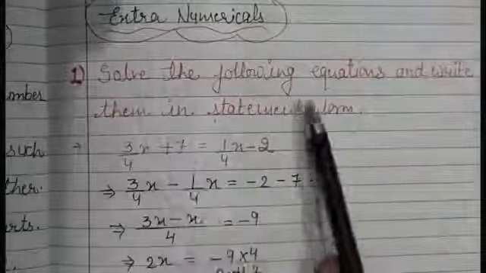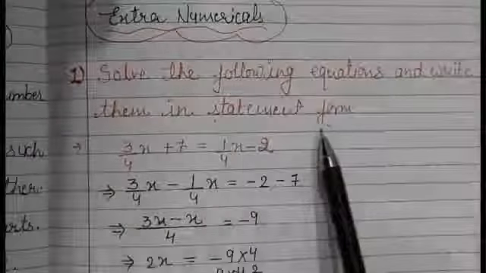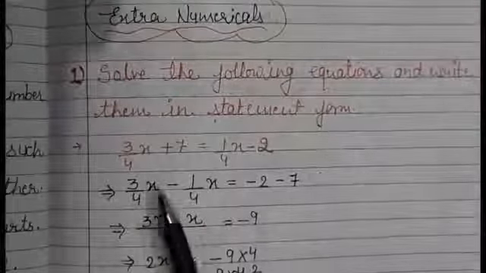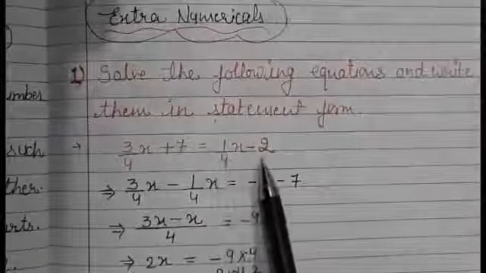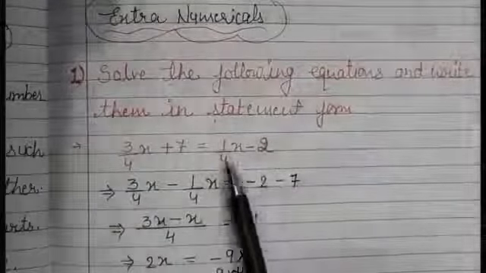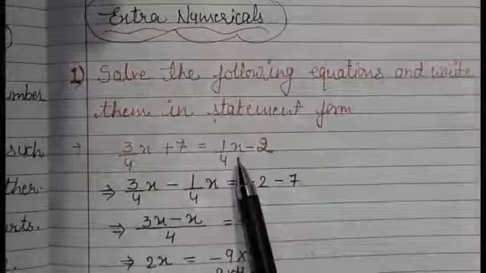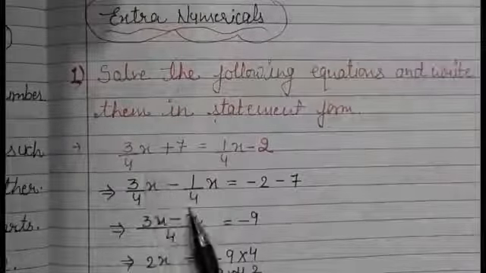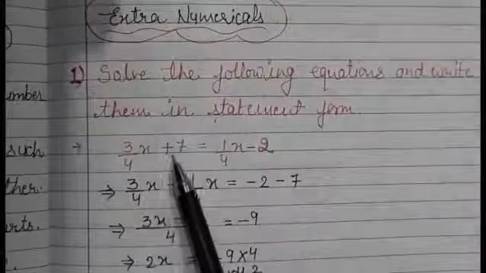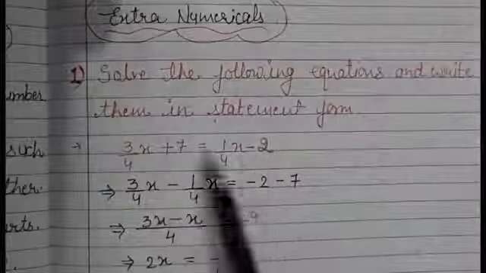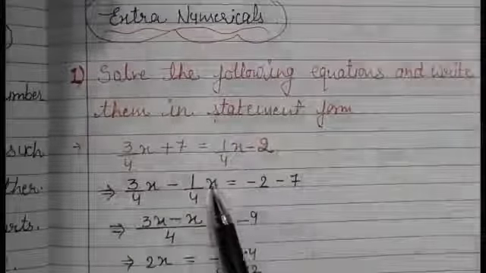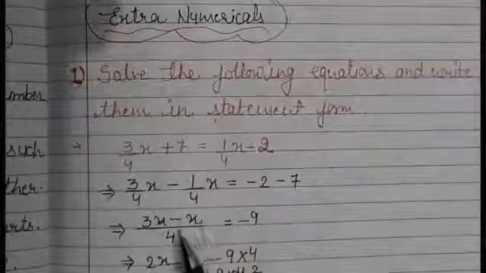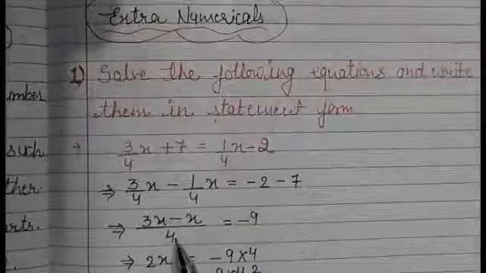Now we will do some extra numericals. First one, solve the following equations and write them in statement form. The equation is 3 by 4x plus 7 is equal to 1 by 4x minus 2. So transpose 1 by 4x from right hand side to left hand side, we have to subtract, and 7 from left hand side to right hand side, we have to subtract. So 3x by 4 minus x by 4 will be 3x minus x whole by 4, right?